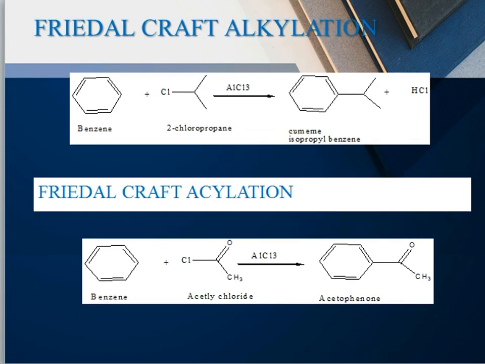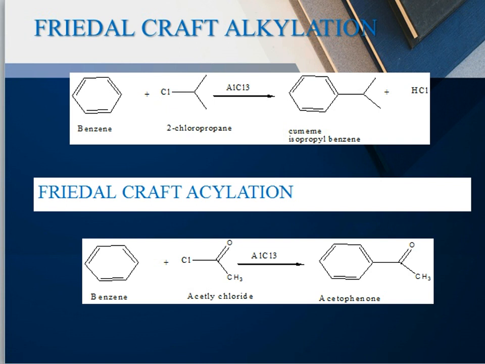The next reaction is the Friedel-Crafts reaction, the reaction in which benzene reacts with 2-chloropropane in the presence of aluminum trichloride. It gives cumene, isopropyl benzene, and separately HCl. So the next reaction is Friedel-Crafts acylation. Alkylation and acylation are separate reactions.